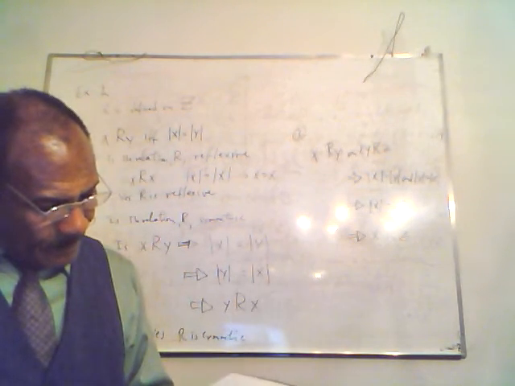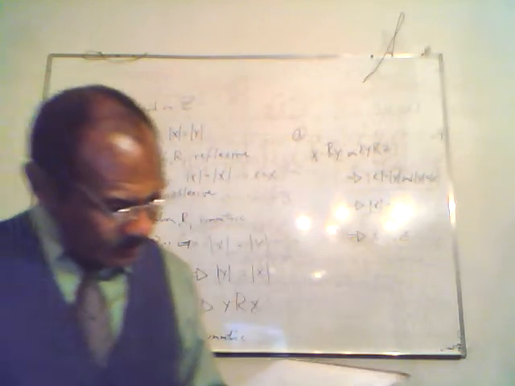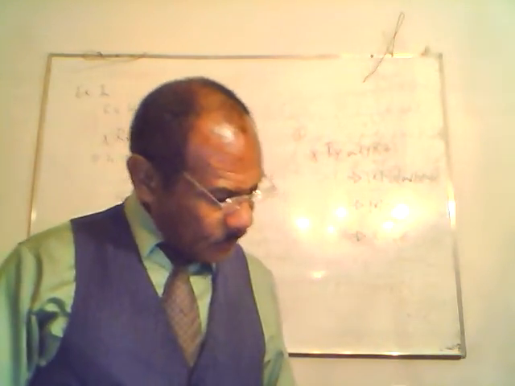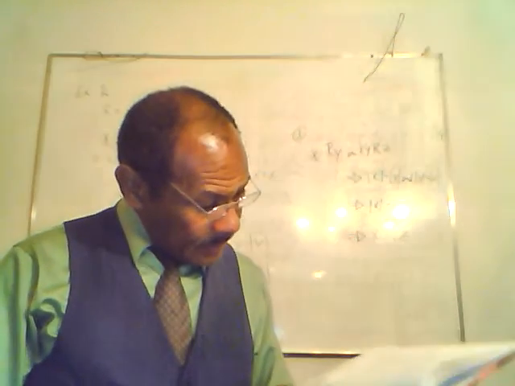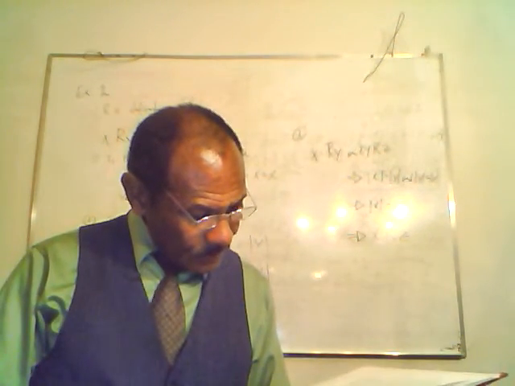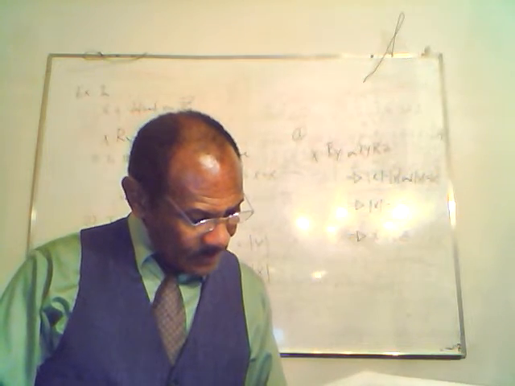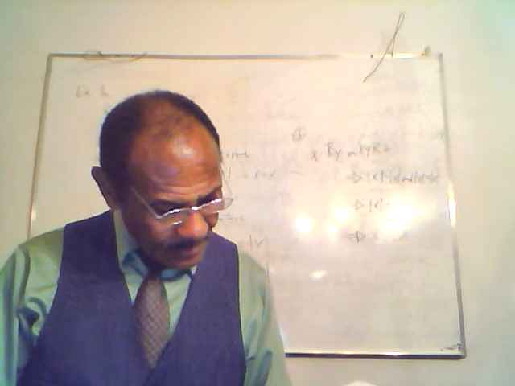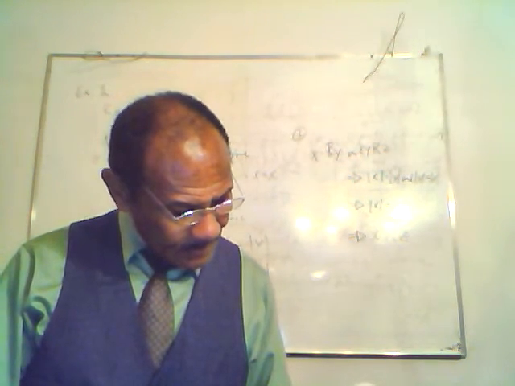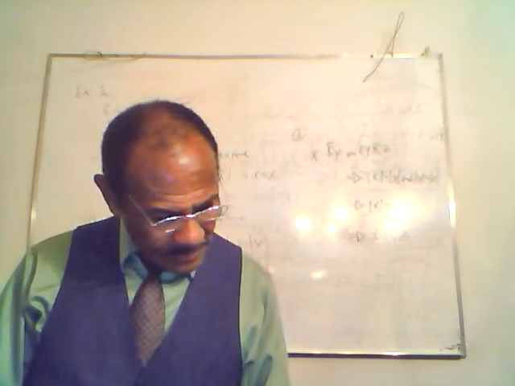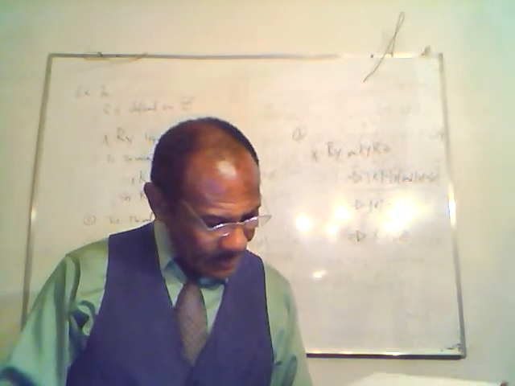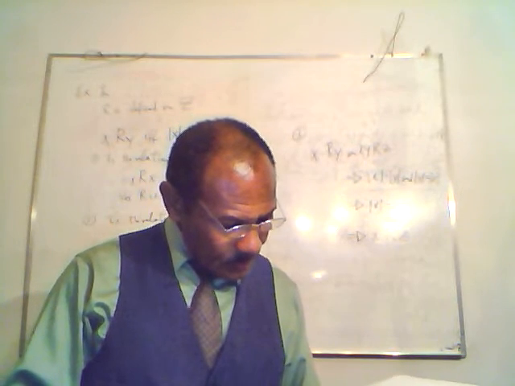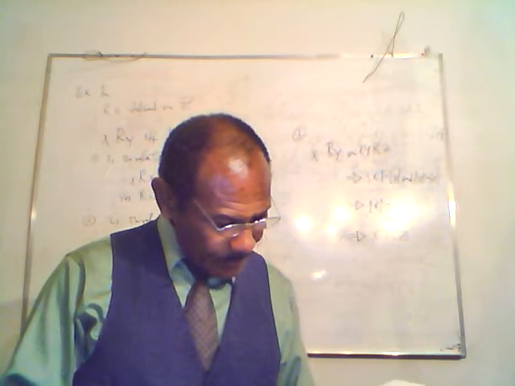Number 3, x is identical to y modulo 4, and y is identical to z modulo 4. That implies that x minus y equals 4k and y minus z equals 4m, for some m and k in Z. This further implies that x minus z, which is x minus y plus y minus z, is equal to 4 times k plus m.